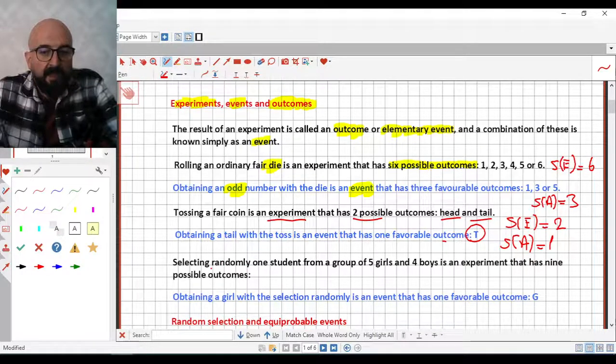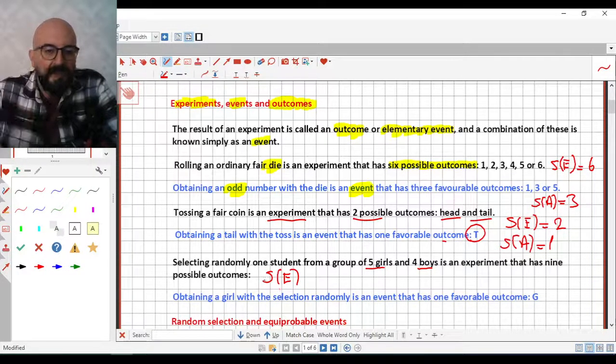Selecting randomly one student from a group of 5 girls and 4 boys is an experiment that has 9 possible outcomes. So the number of experiments is 9, and obtaining a girl with the random selection is an event.